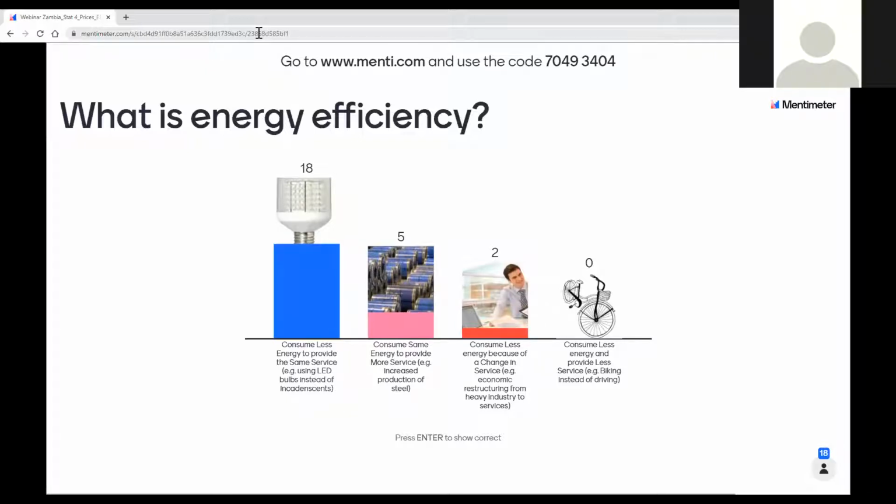Excellent. So let's look at the right answer. There were 2 right answers here. It's to consume less energy to provide the same service, and also to consume the same energy but provide more service.